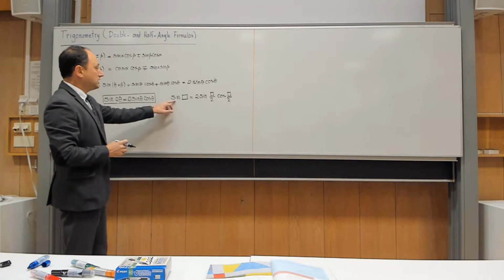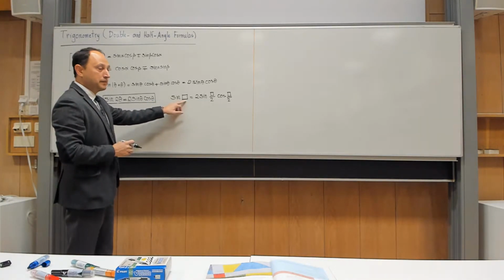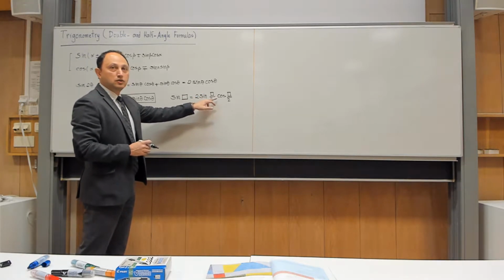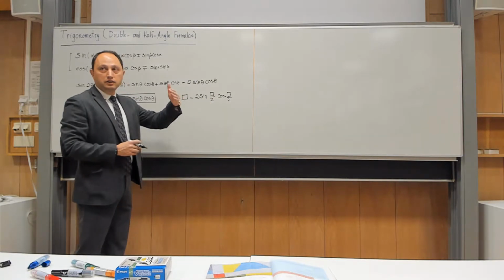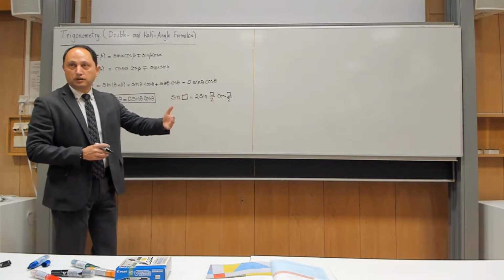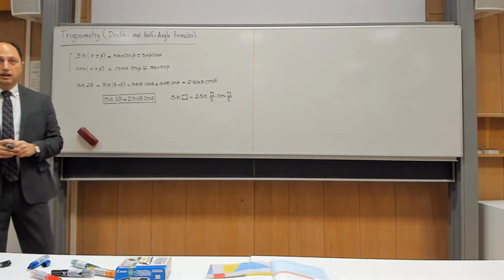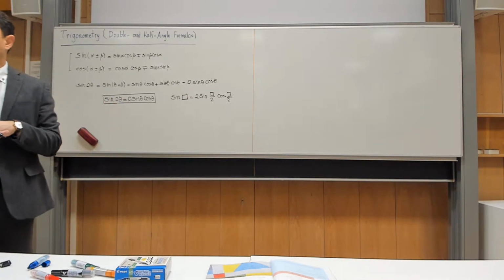In the book you see that they have written sine of x is equal to 2 times sine of x over 2 cosine x over 2 under the section of half angle formulas, and they have written something similar under the section of double angle formula, but they are indeed the same thing.